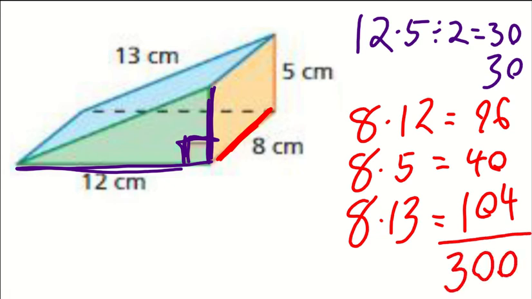We get 300. And hopefully that's the answer they have in the book too. Okay. Any questions on this? Like I said, this isn't horrible.